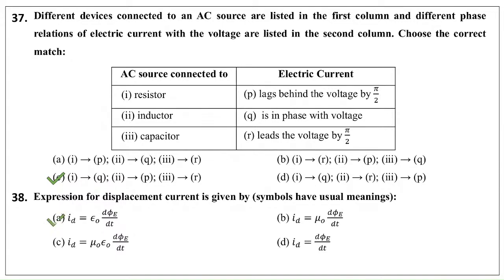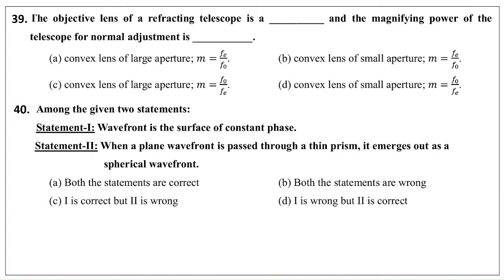Answer is A. ID is equal to epsilon naught d phi by dt. Next. 39. The objective lens of a refracting telescope is a dash, and the magnifying power of the telescope for normal adjustment is dash. Answer is C. Convex lens of large aperture, M is equal to F naught by Fe.